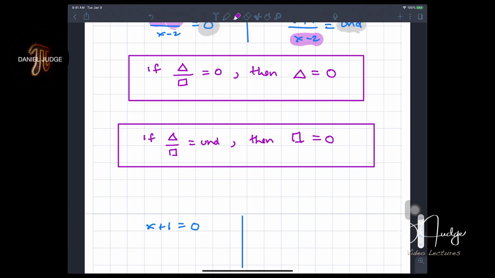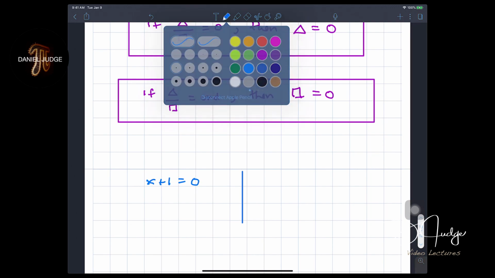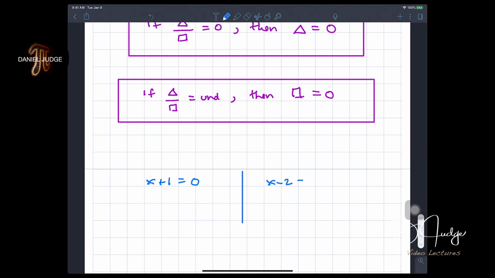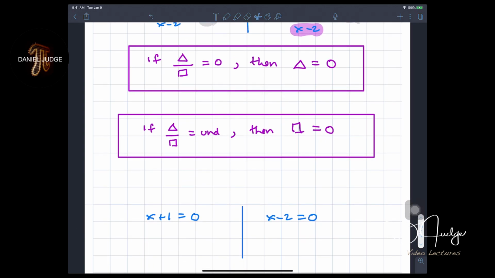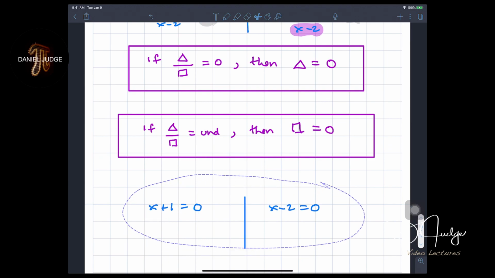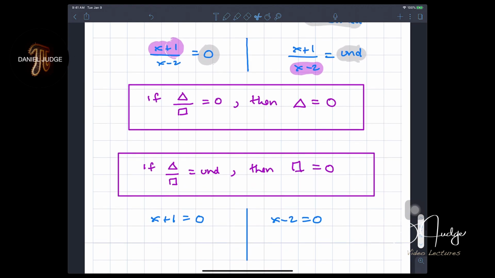Yes. So for these two things, we're going to let the denominator x minus 2 equal 0. And this is what we need to find. So we have to find where that numerator is 0 and where the denominator is 0, because we're dealing with a fraction, and fractions equal 0 only if the numerator, the term on top, is 0, and it's undefined because we can't divide by 0. So this is where you start always.